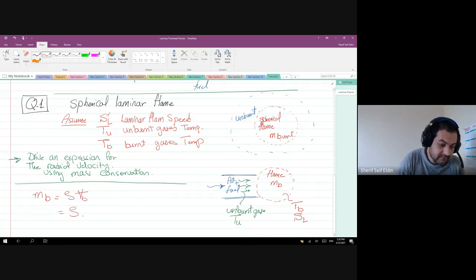Rho has to be rho for the burned gases, because there is a difference between the burned gas density and the unburned gas density, due to the difference in temperatures as well. So rho B multiplied by 4/3, the volume of a sphere, by r, the radius of the flame, to the power 3.